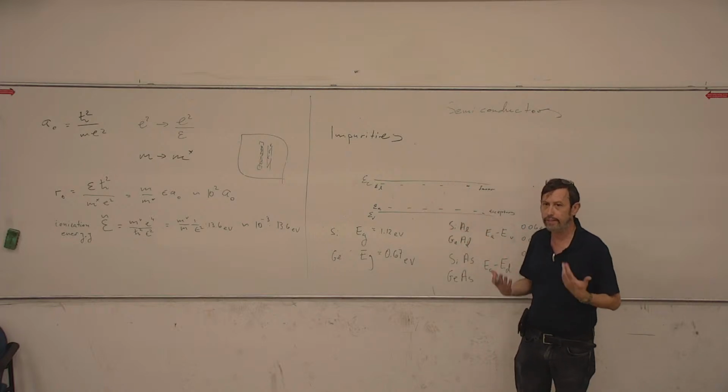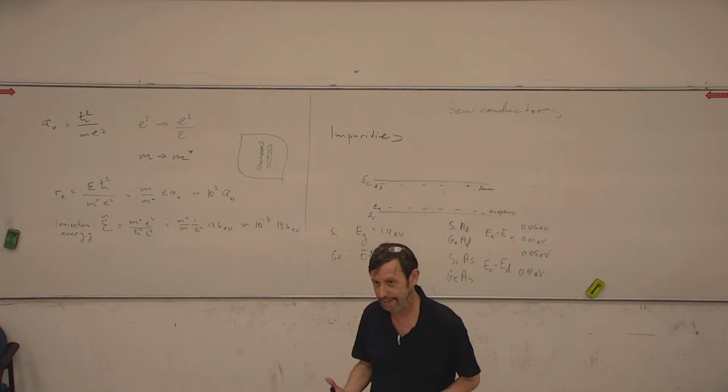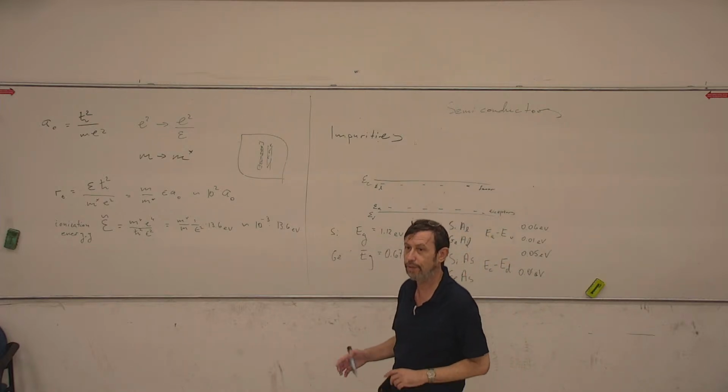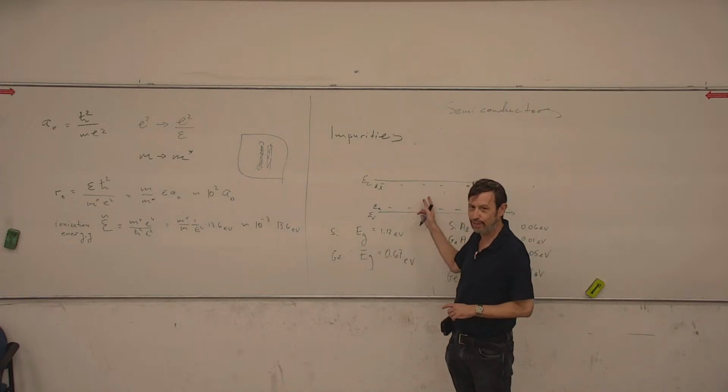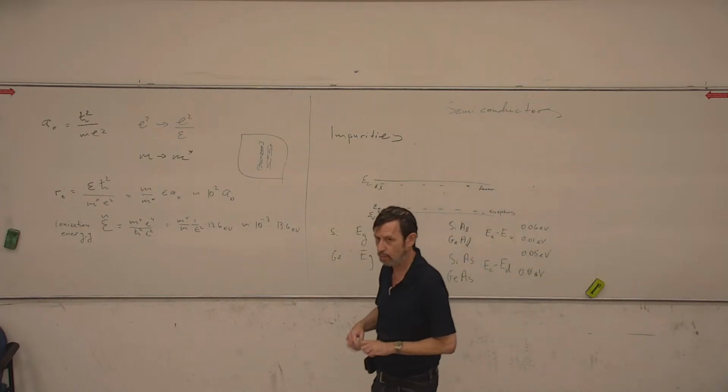In order to create something that has interesting behavior, like a diode, you have to have different doping in different regions and bring them together. That's what we'll do next week.